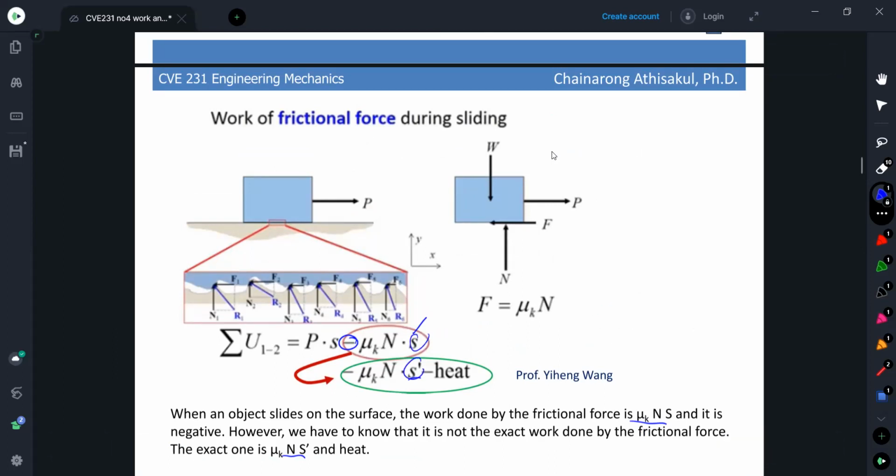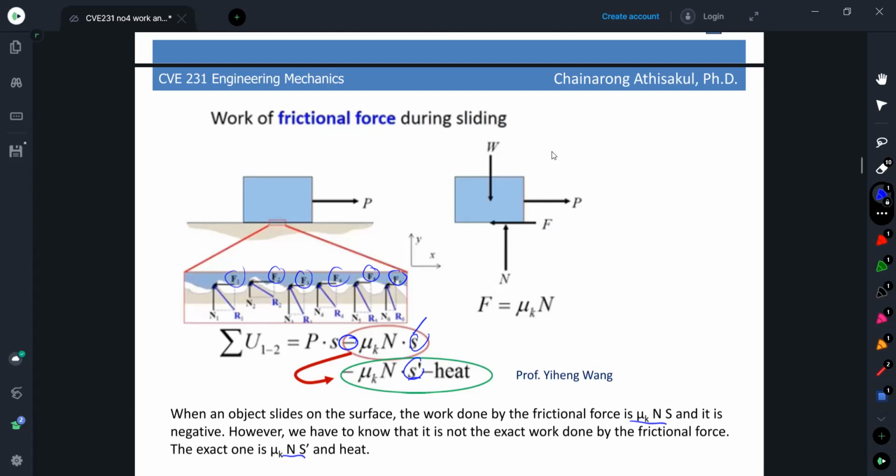As we know from statics, when we consider small parts of the contact surface, the friction force is a summation of the reaction forces acting along each contact surface, so s prime and s may not be equivalent.